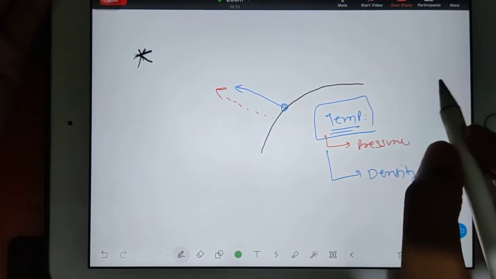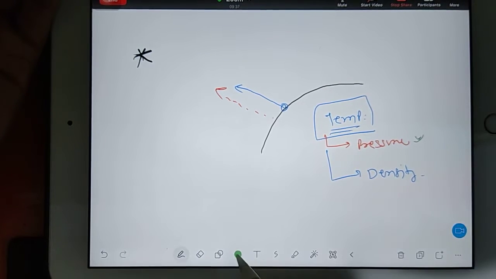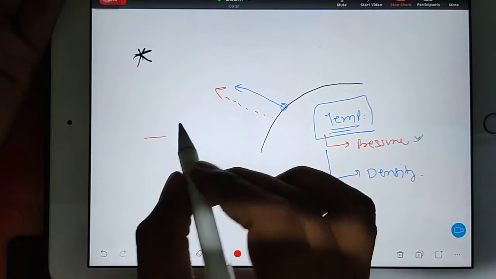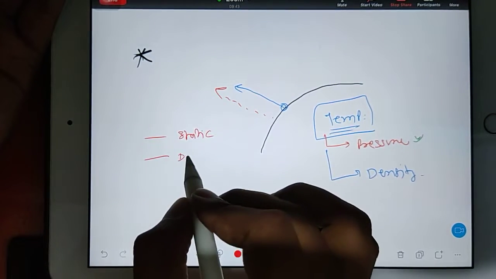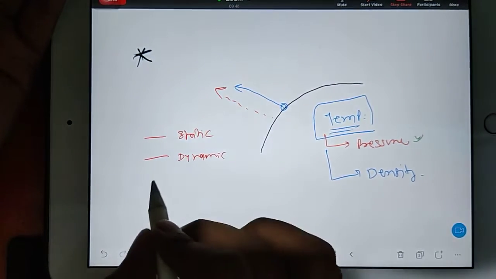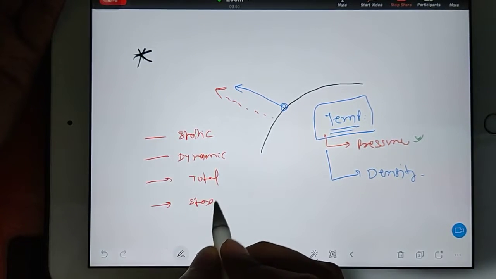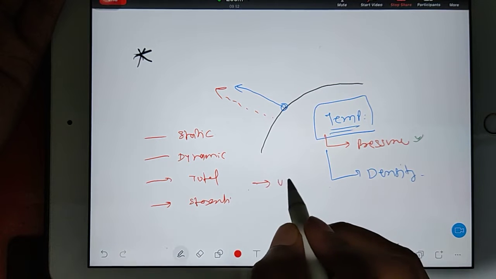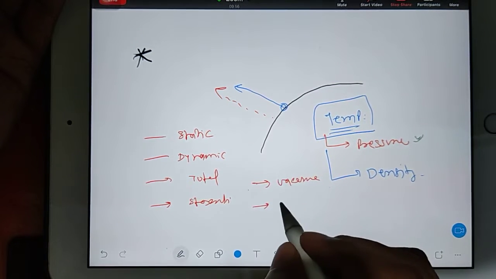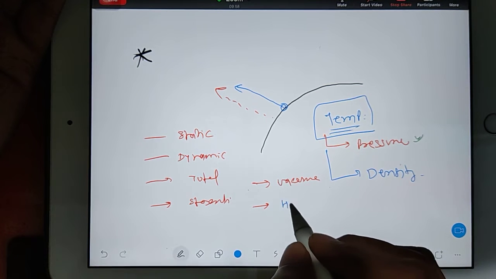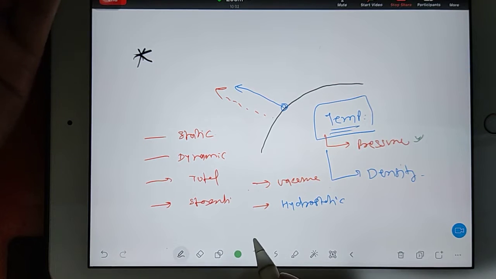When we are talking about pressure, we should know what kind of pressure we are talking about, because we have several types of pressure. For example, we have static pressure, dynamic pressure, total pressure, stagnation pressure, vacuum pressure, hydrostatic pressure.